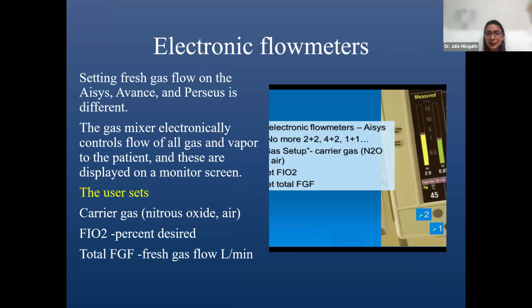We are used to setting it like, if I want 1 liter of nitrous oxide and 1 liter of oxygen to give me 2 liters of fresh gas flow at say 50% FiO2, I would like to set it on my own. But here, you just give the desired outcome and the machine will calculate and electronically display the flows. So these are electronic flow meters.